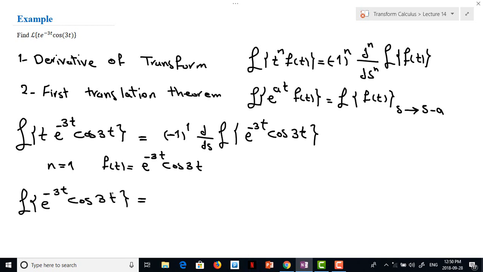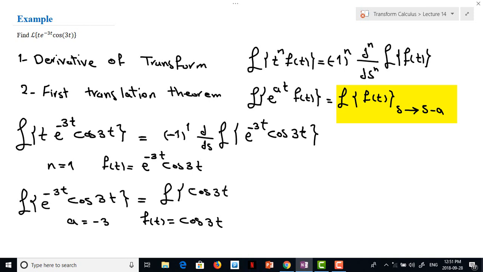The Laplace transform of e to the power of minus 3t cosine 3t is equal to, based on the first translation theorem, here a is equal to minus 3 and f(t) is equal to cosine 3t. So it's equal to the Laplace transform of f(t), f(t) is cosine 3t, but you have to replace s by s minus a. a is minus 3, so s minus minus 3 is s plus 3.